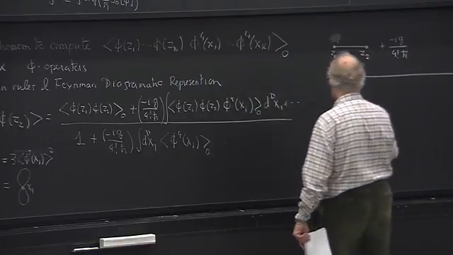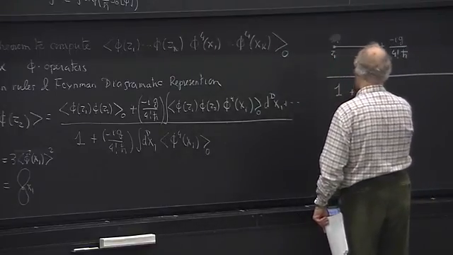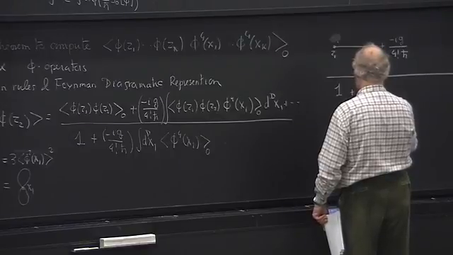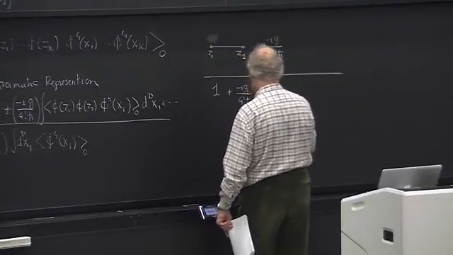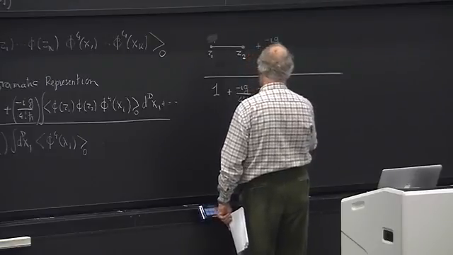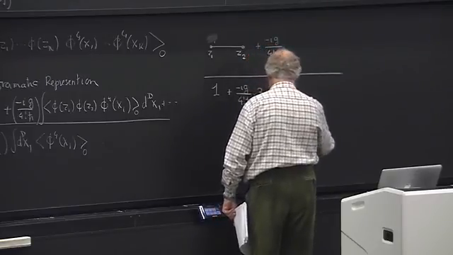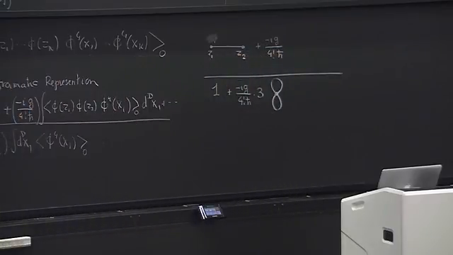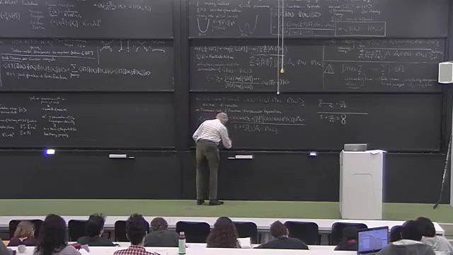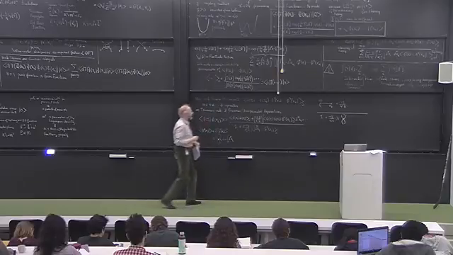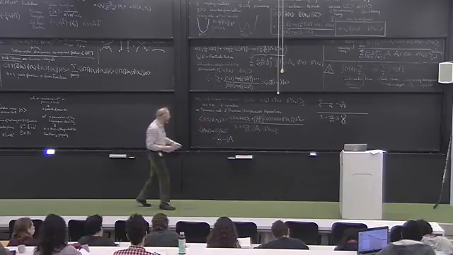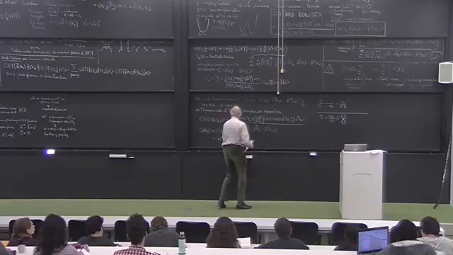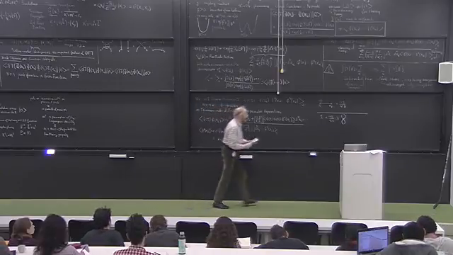Here, this denominator is 1 plus minus Ig over factorial 4 h bar times 3 times this diagram, plus higher order terms. I represent x1 as a white filled vertex, which means that implicitly I integrate over x1. So I can represent this number, the integral over dx of this, by this diagram.